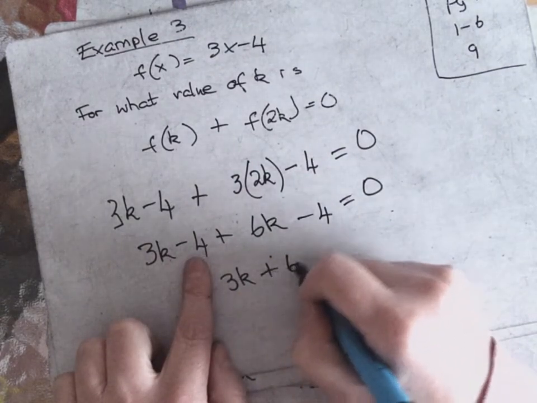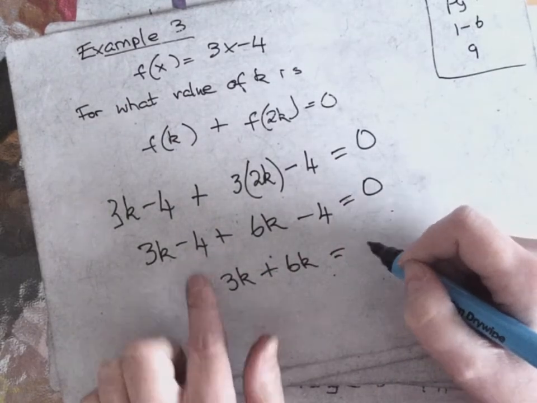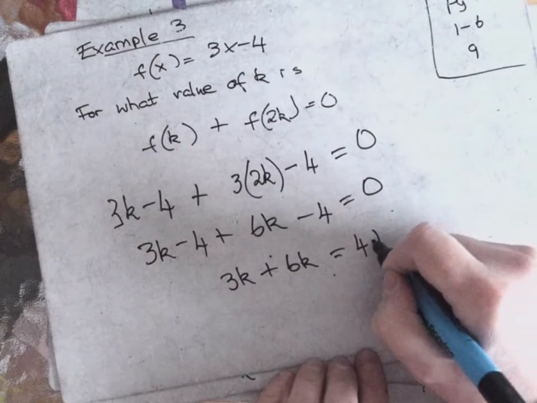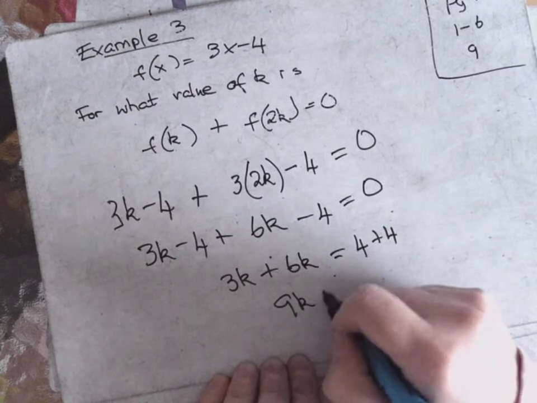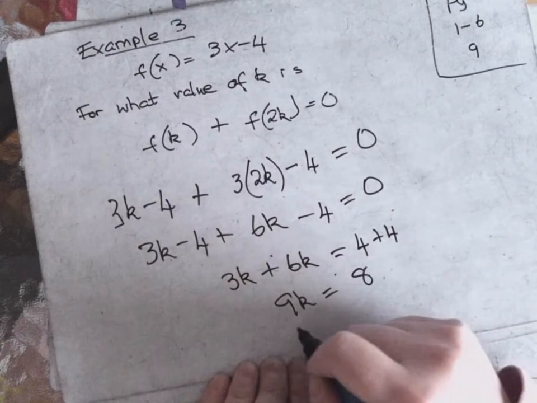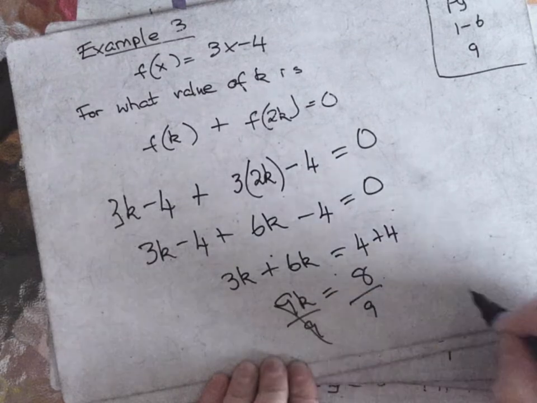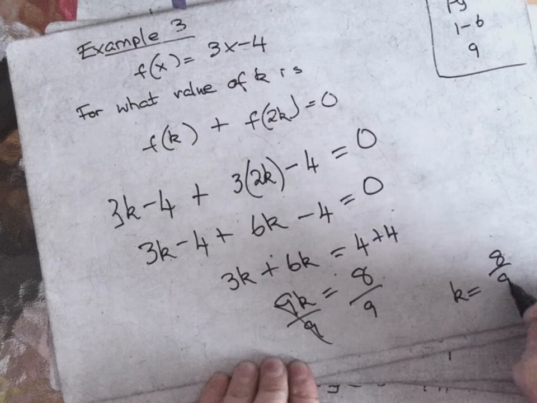Plus 6k stays put, that minus 4 also moves. This minus 4 comes over and becomes a plus 4, and this minus 4 comes over and becomes a plus 4. So I'll get 9k equals 8. There's a 9 stuck to that k, so divide each side by 9, and you'll end up with k is equal to 8 over 9.